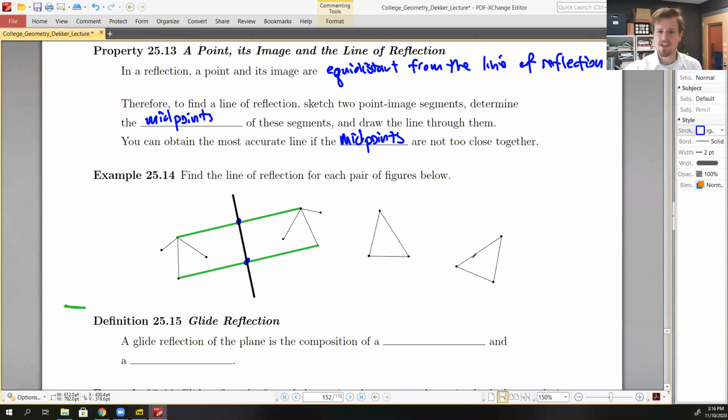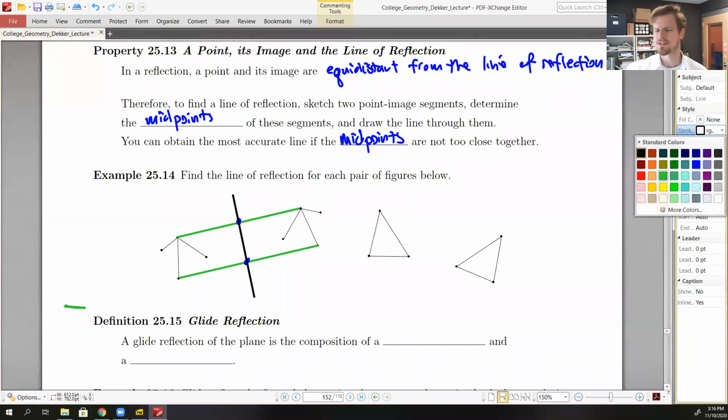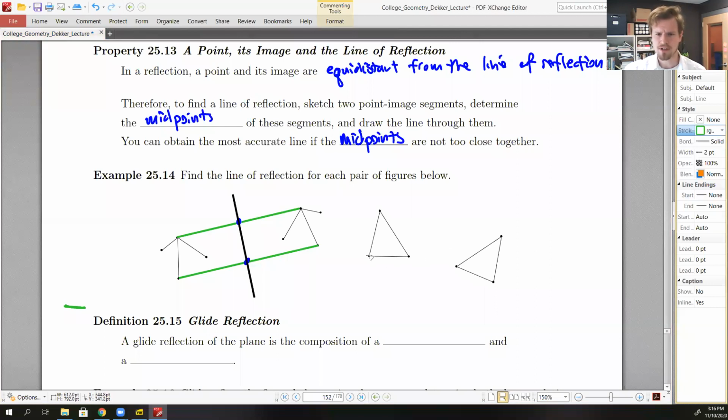I can do the same thing for these images as well. So let's see here again. Let's draw a line and grab the point image segments, again finding 2 that are as far away from each other as possible. We have those.